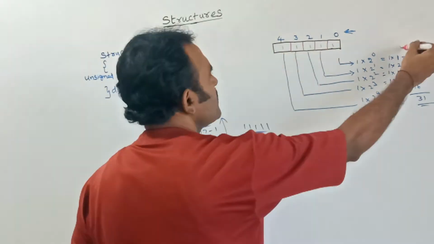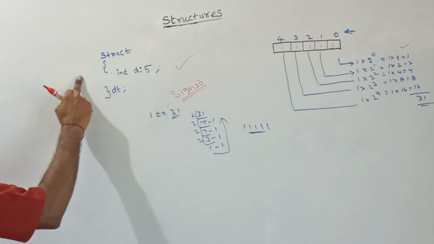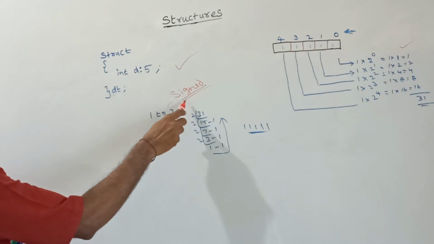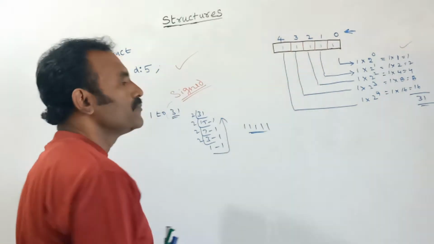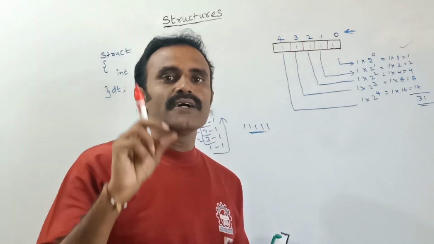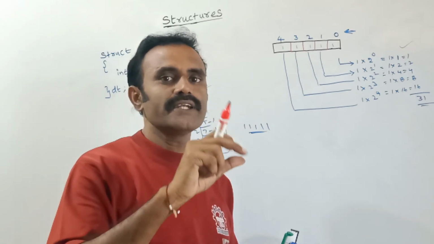Without this, suppose you are giving simply int D, this is signed data. For signed, the last bit in the memory, that is the MSB, is used for the sign bit, so that here the remaining 4 bits only are used for the data.